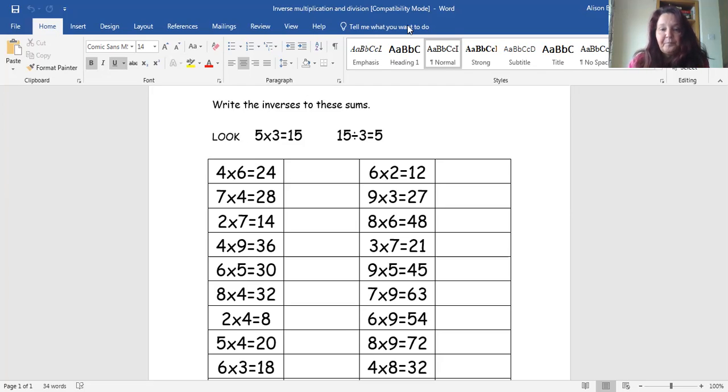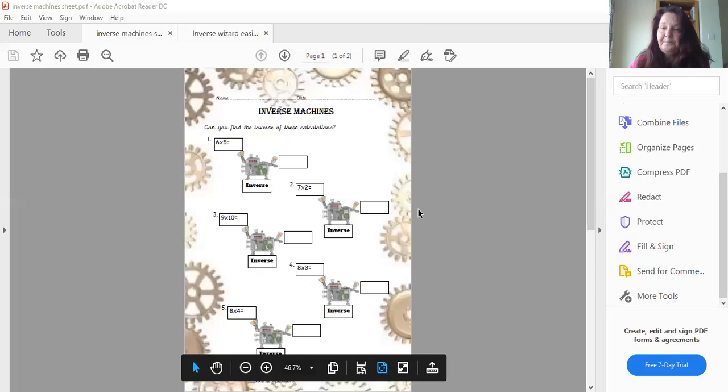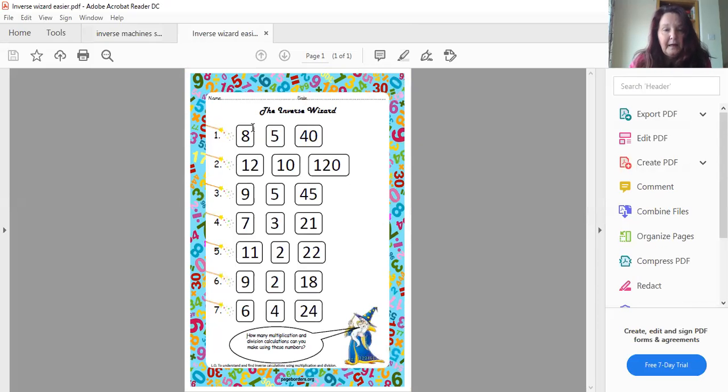And then the second sheet I'd like you to have a look at is called Inverse Wizard. Let me show you that one now. Okay, this is Inverse Wizard. Here it is, and it's giving you the numbers. So this is question 1: 8, 5 and 40.